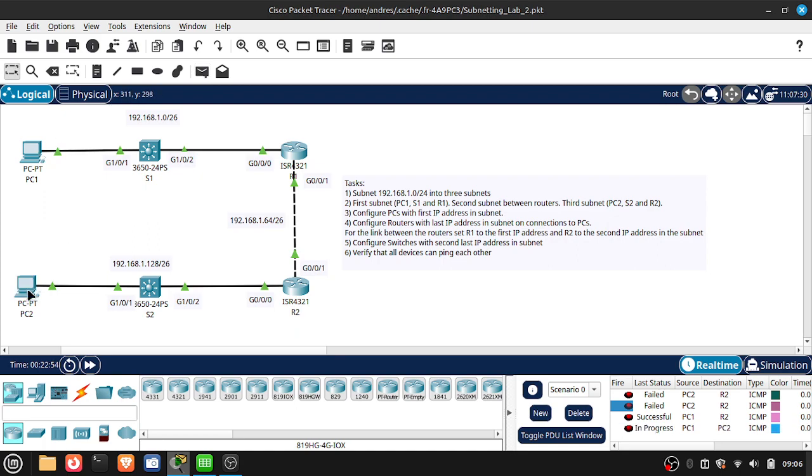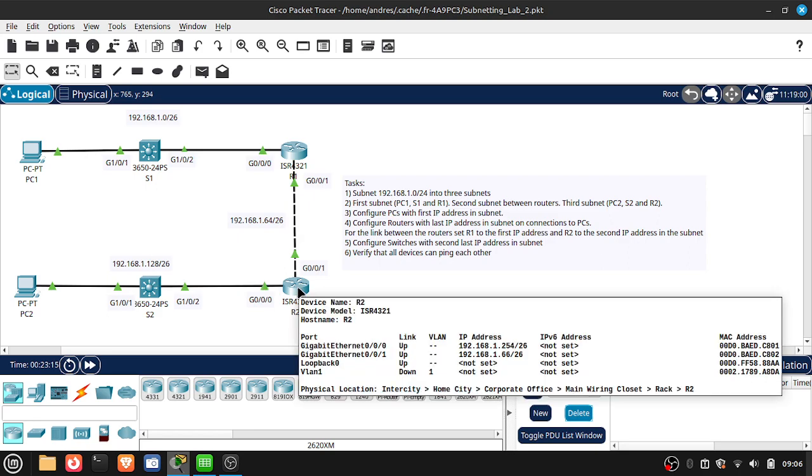And if we try to ping this PC, we fail. But we can ping our default gateway. What could we do? Gigabit 0/0. Is this really gigabit 0/0? Yes it is. And gigabit 0/0 is up. It has 192.168.1.254/26. So that is correct.